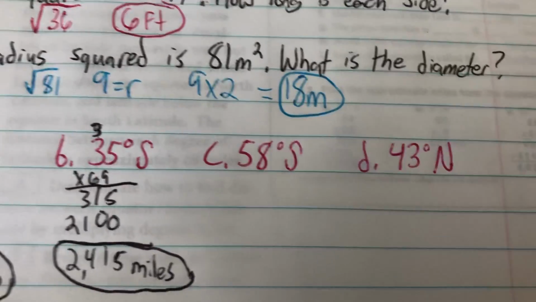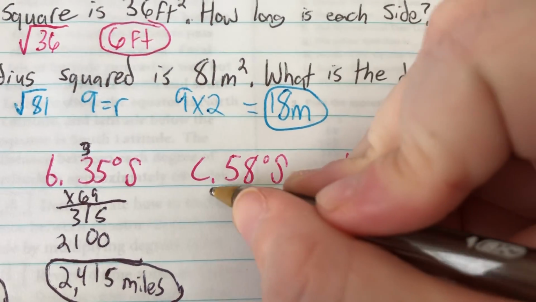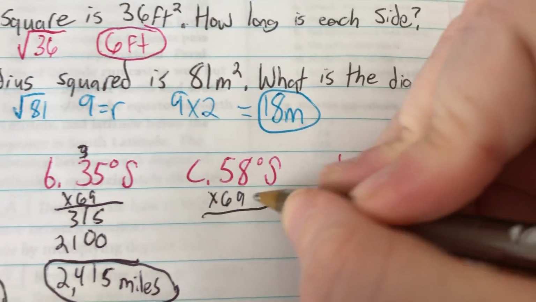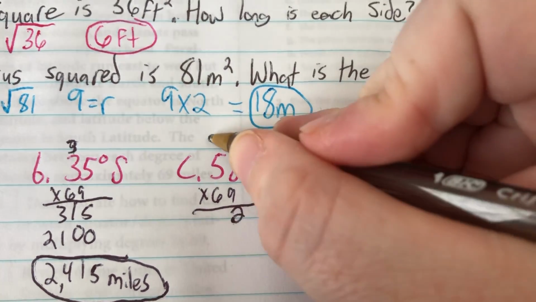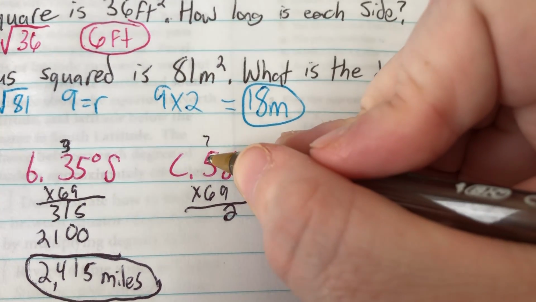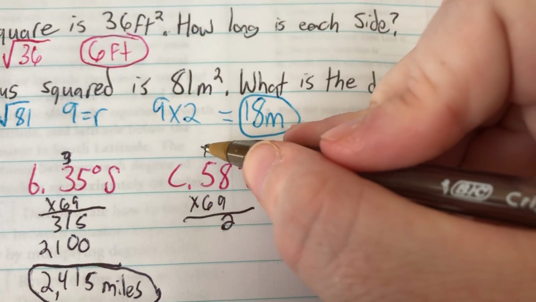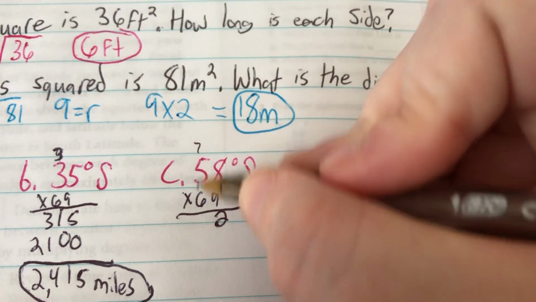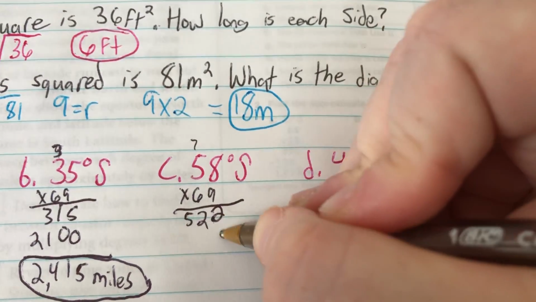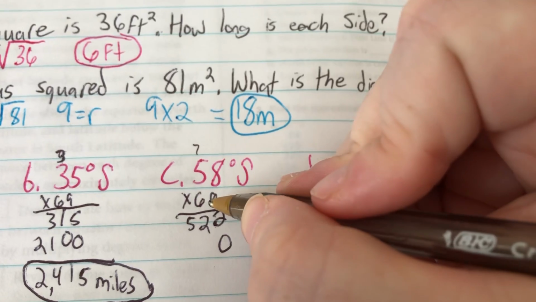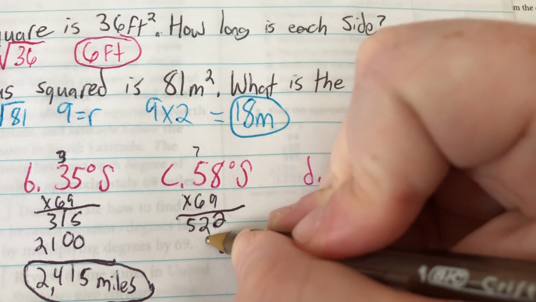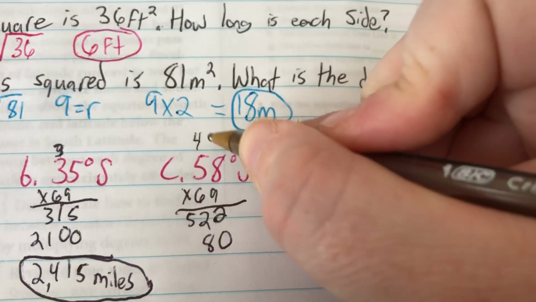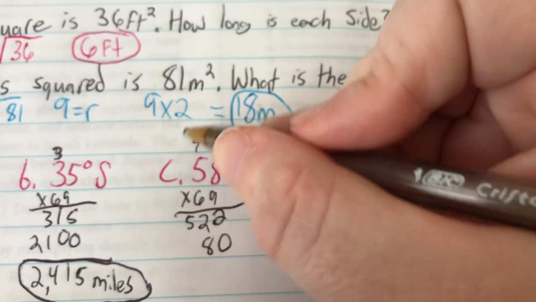Okay, C, 58 degrees south. So 58 times 69. 9 times 8 is 72. 9 times 5 is 45. 45 plus 7 will be 52. 0. 6 times 8 is 48. 6 times 5 is 30, plus 4 is 34.